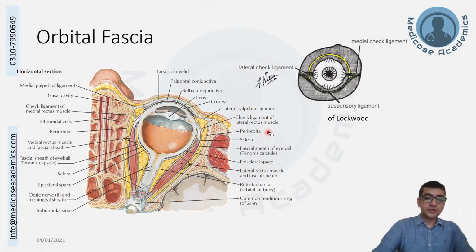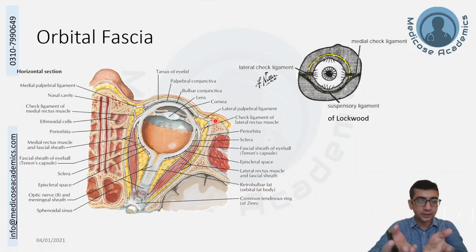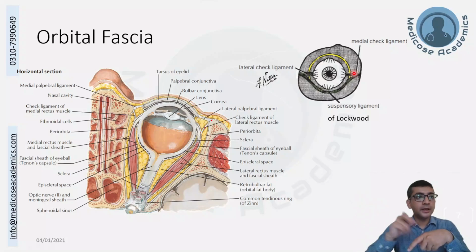This fascia, this Tenon's capsule or orbital fascia, is especially thick on the undersurface. It is shown in this picture. Because it is very thick on the undersurface, it is actually holding the eye like a hammock. A hammock is a bed made of fiber, a piece of cloth hanging between two trees.